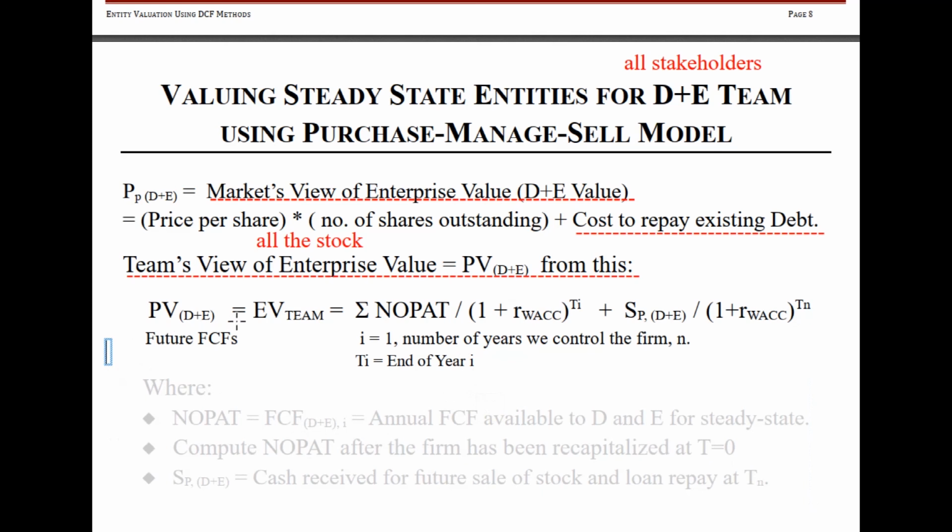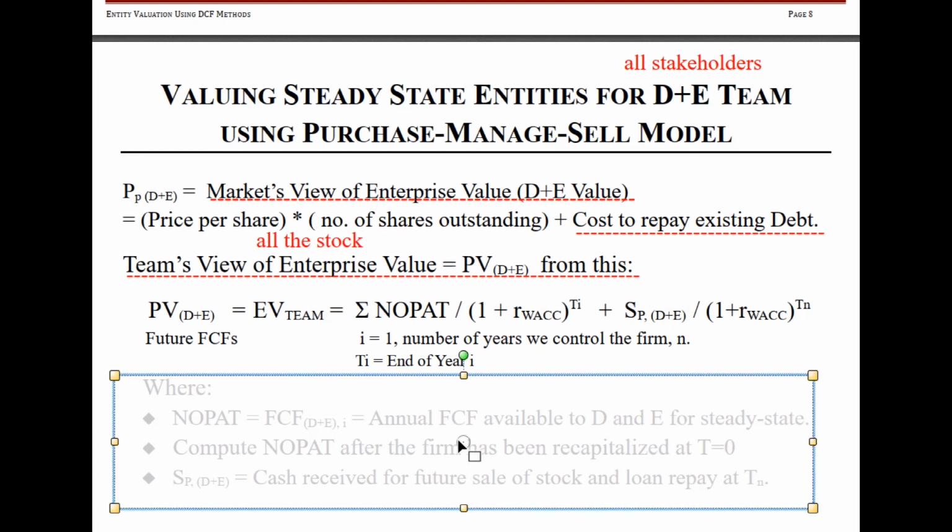So our view of the enterprise value in general is going to be the sum of each year's NOPAT for which we're owning and controlling the company, each one individually discounted back to T equal 0, plus the sales price, which is going to include equity and debt, because we'll call in the loans or the bonds when we get rid of our position in this firm, our control of this firm. And so that also has to be discounted back to T equal 0.